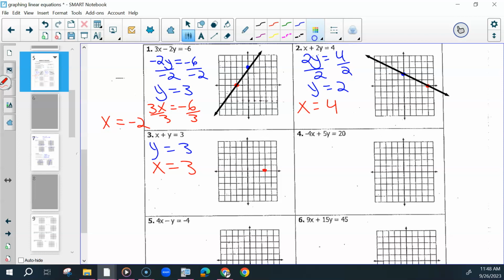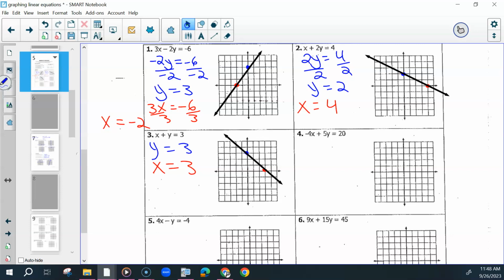You're not solving for anything. Any others we want to go over?